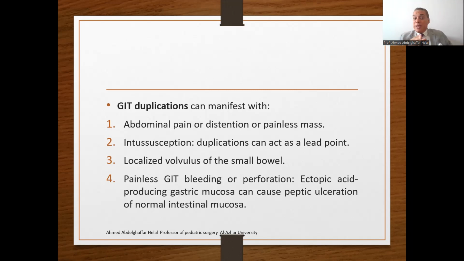Or duplication may present with localized volvulus of the small bowel. Sometimes painless gastrointestinal bleeding or perforation by the ectopic acid-producing gastric mucosa can cause peptic ulcer of the normal intestinal mucosa. It may be a serious presentation, and the pediatric surgeon should be aware of this.